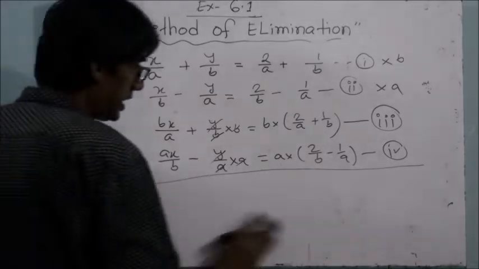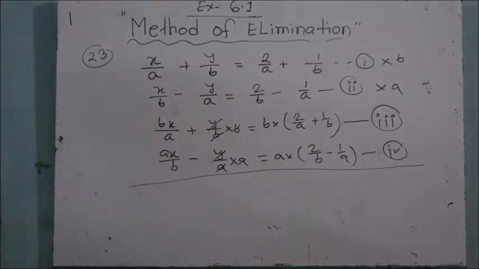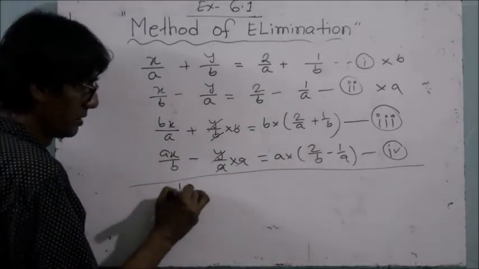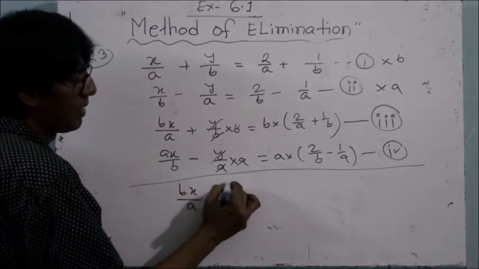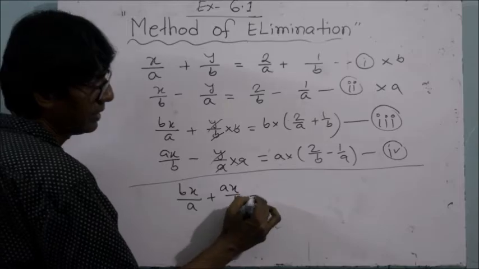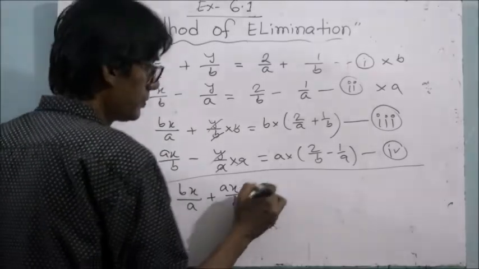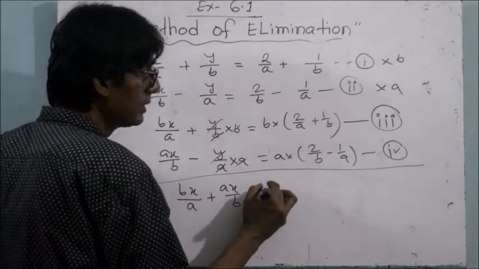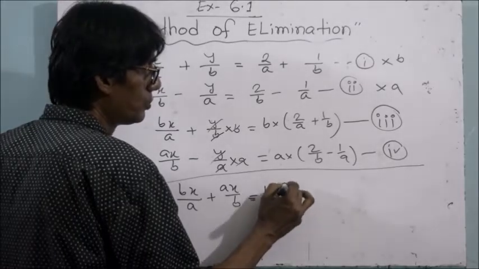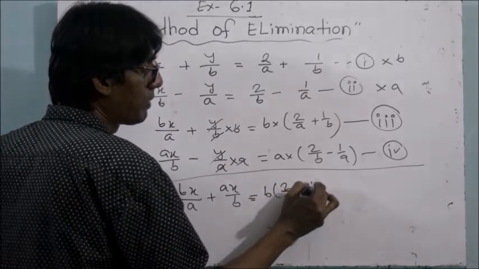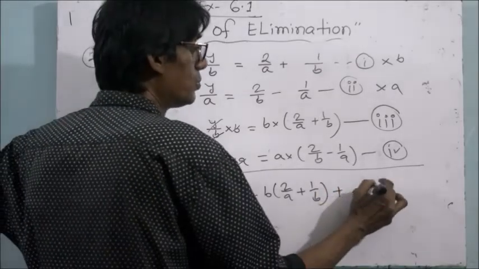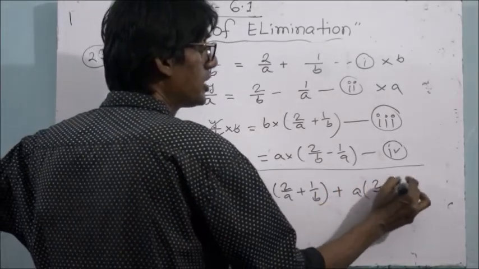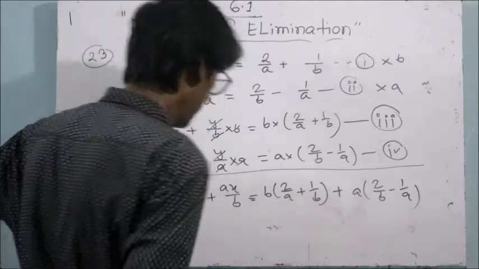So if I add these two equations, we get bx by a plus ax by b equal to b into (2 by a plus 1 by b) plus a into (2 by b minus 1 by a).